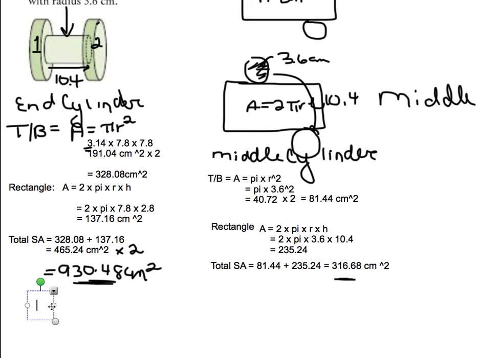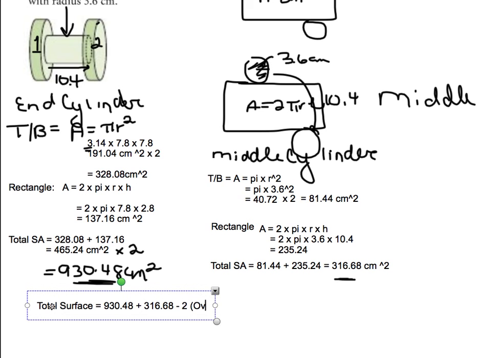So total surface area will equal 930.48 plus 316.68 minus, now we have to talk about two overlaps. Overlap 1 and overlap 2, because we have two areas of overlap.